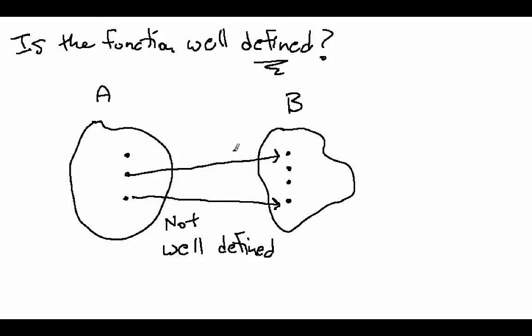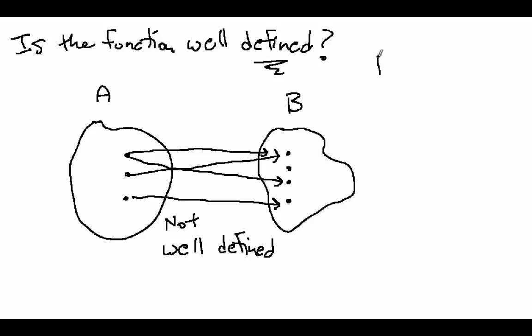Here's another case where it's not well defined. Suppose that this went over to here, and it also went over to there. That's also not well defined. Notice that that actually violates our definition for being a function, because what I've done here is send this point to 2 points over here.